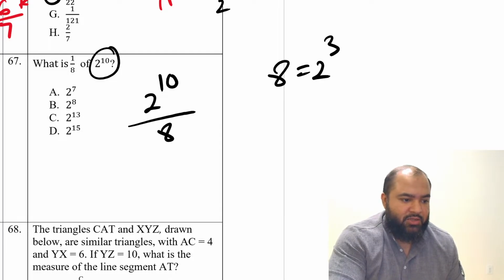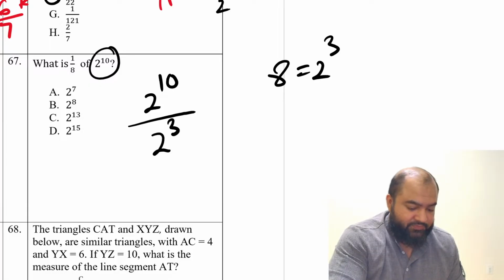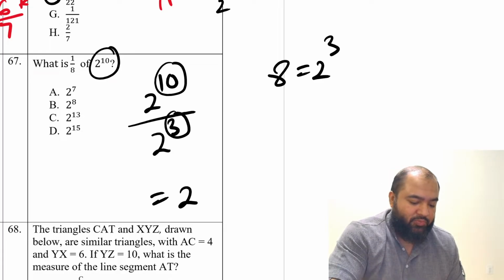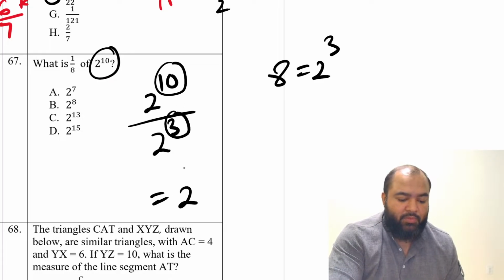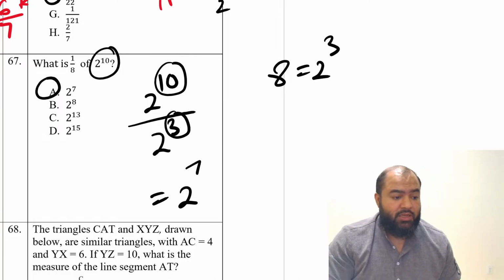Very good. 2 power 3 is 8. So I'm going to replace 8 with 2 power 3. Now when you subtract, remember when you have the same base and you subtract the powers, the answer will be what? 2 power 7. Correct. Any question about it? Very good.